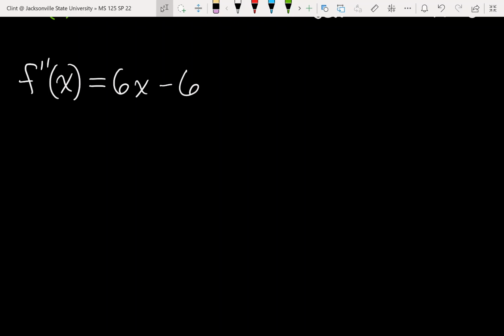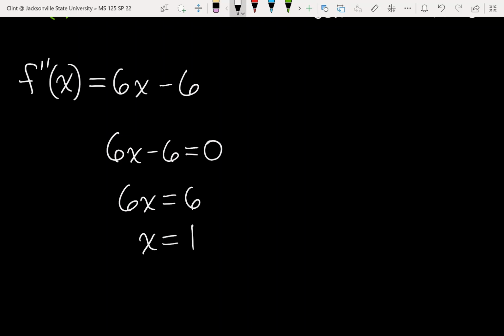We want to find out where our second derivative could be 0. This is linear, so that one's not too hard. x equals 1. And there's nowhere where our second derivative would not exist, so don't worry about that.